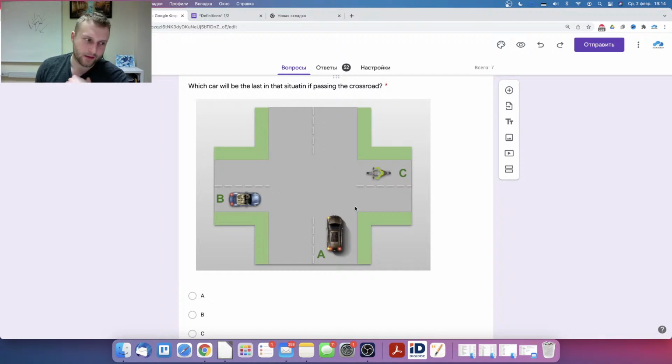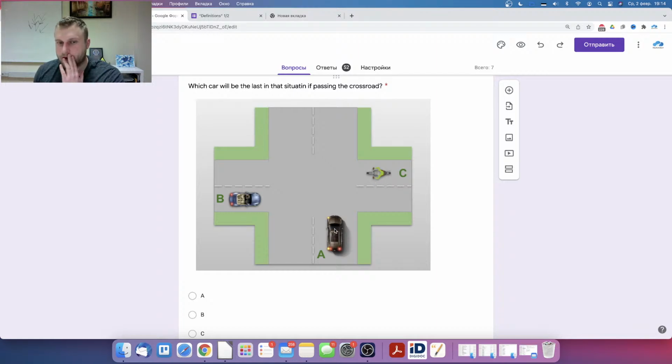Okay, let's consider this again. I see in the chat they also have some confusions about that. If I'm driving the B car, I have to give way to the A. So I cannot go until A passes. A has a bicycle or motorcycle on the right, I don't see what exactly it is.